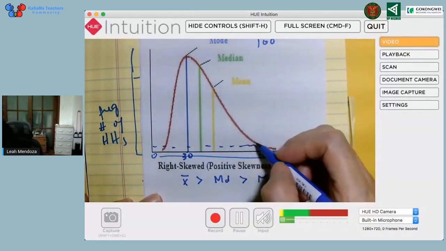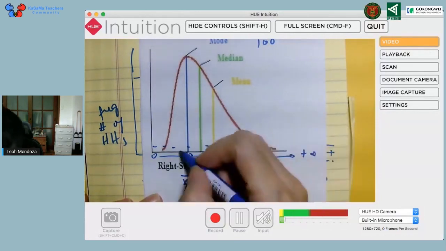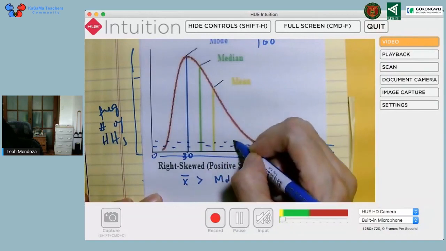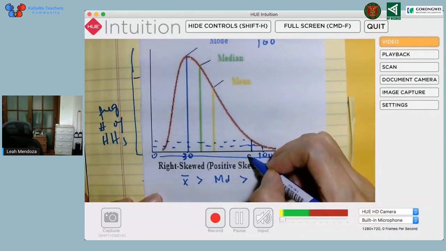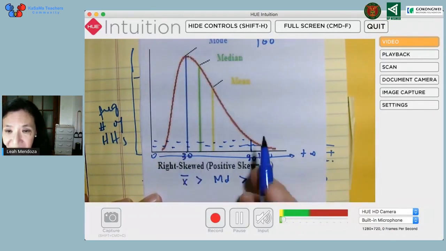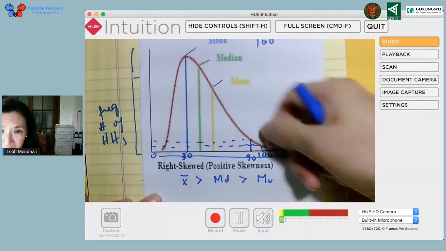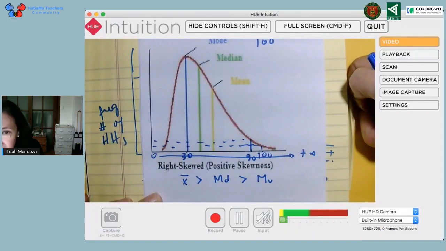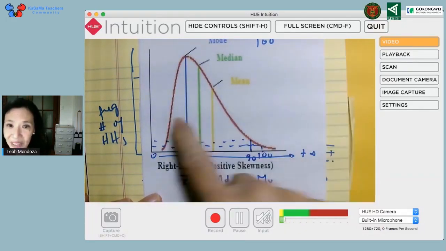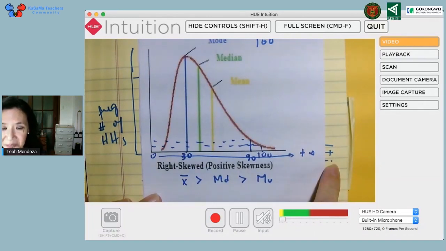And then maybe 2 of them got 100, maybe even 3 of them, let's say, got 90. And because of that, the mean is pulled this way, in the direction of these extreme values. That's why it looks this way.